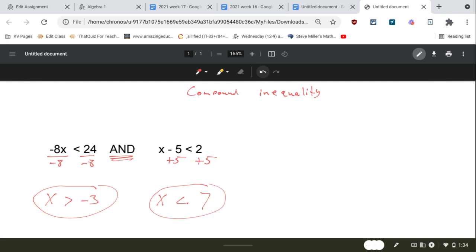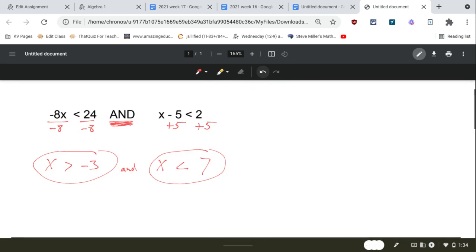Okay. And then don't forget about this middle word here. This one is an and inequality. So if I read these, it says here that x has to be greater than -3 and it has to be less than 7.